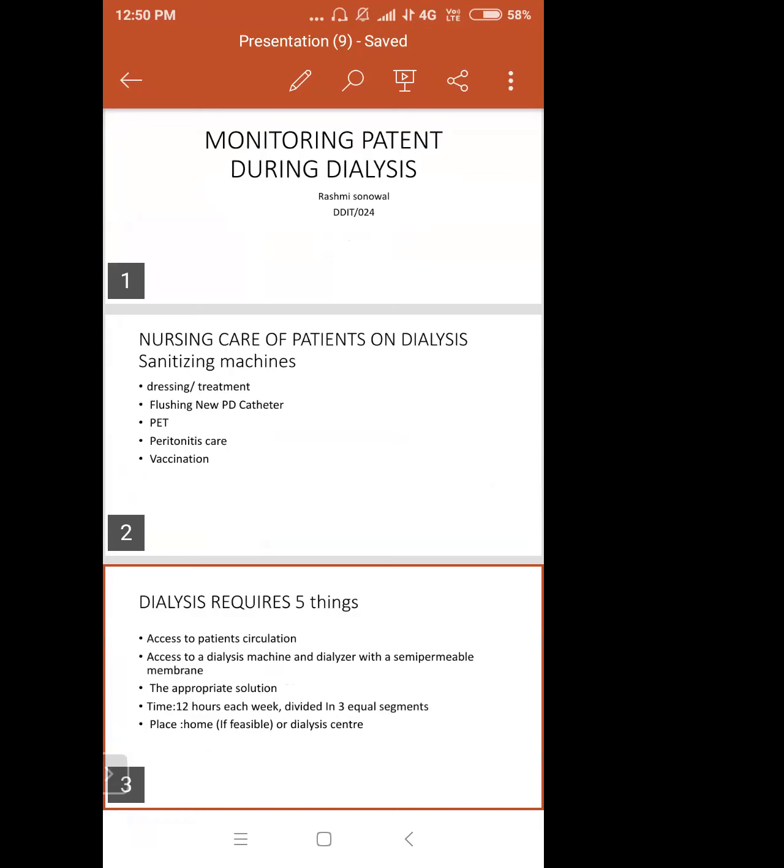Dressing, treatment, flushing new PD catheter. A PD catheter is a special tube that is inserted into your abdominal cavity. When the catheter is in position, a small amount of fluid will be flushed through it to check it is in the correct place. PET, peritoneal equilibration test, is a semi-quantitative assessment of peritoneal membrane transport function in patients on peritoneal dialysis.